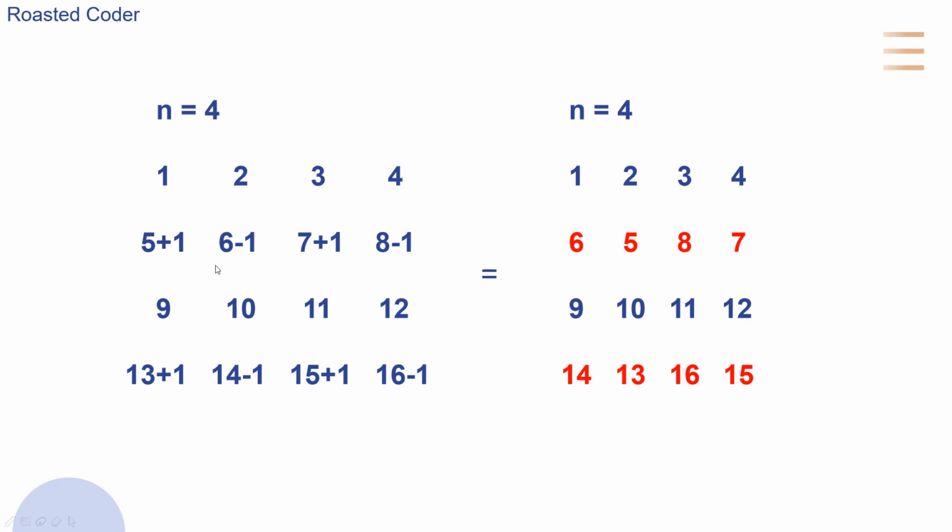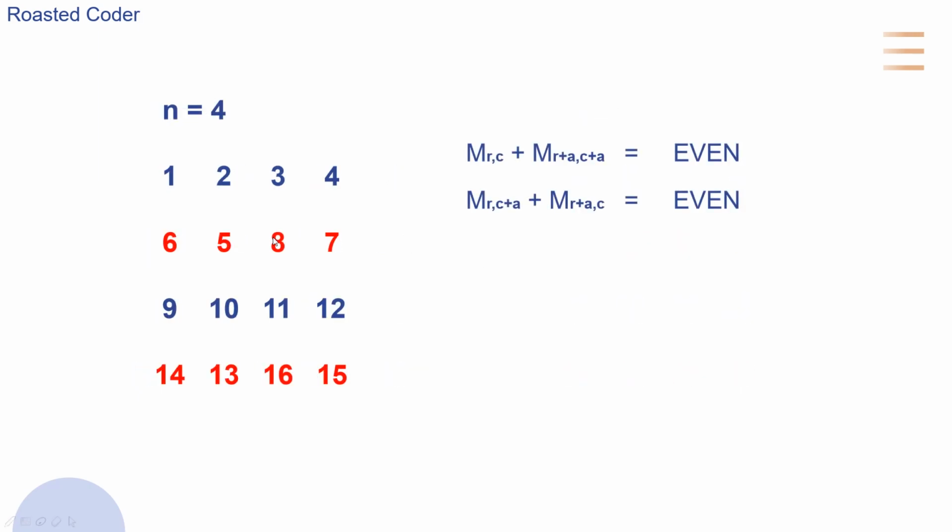So we can see 6 minus 1, and if we convert all these numbers, we get this matrix. Now if we apply all those conditions on this matrix, we can see 1 plus 15 is even and 4 plus 14 is even, and for odd submatrices, 11 plus 1 is even, 9 plus 3 is even, and 1 plus 5 is even, 6 plus 2 is even.